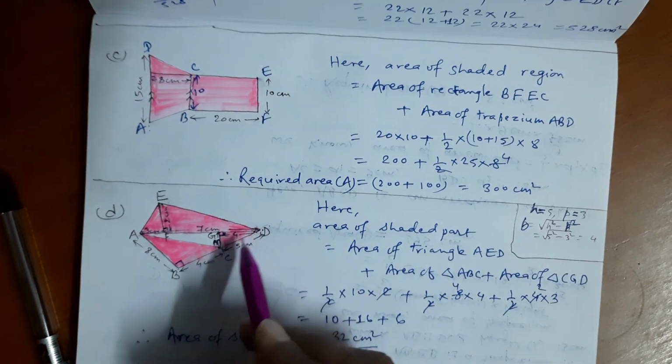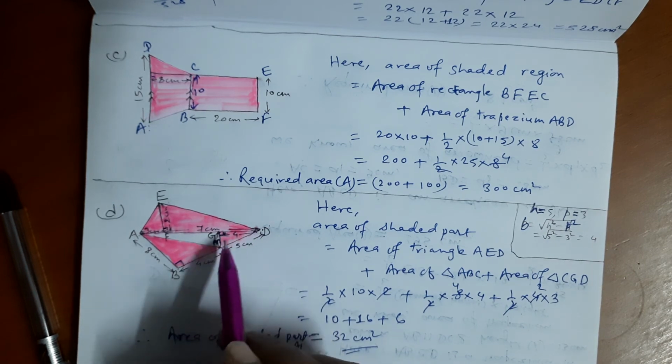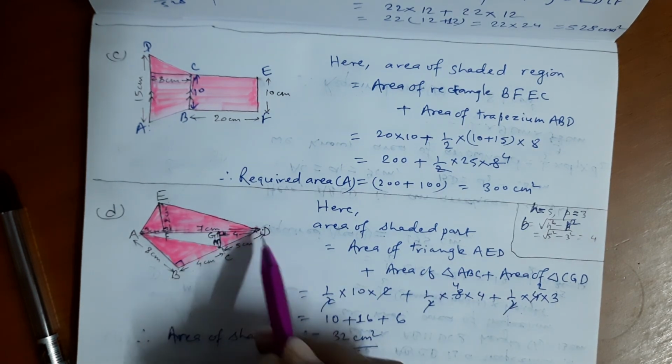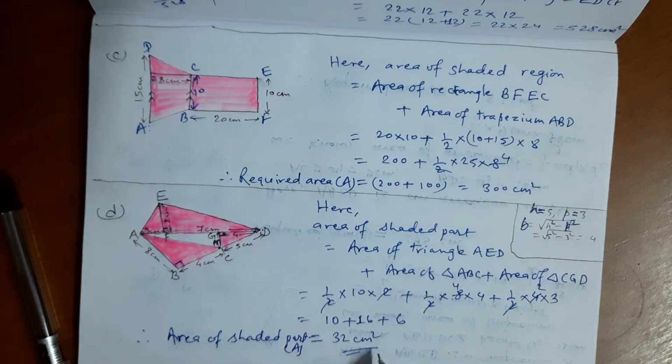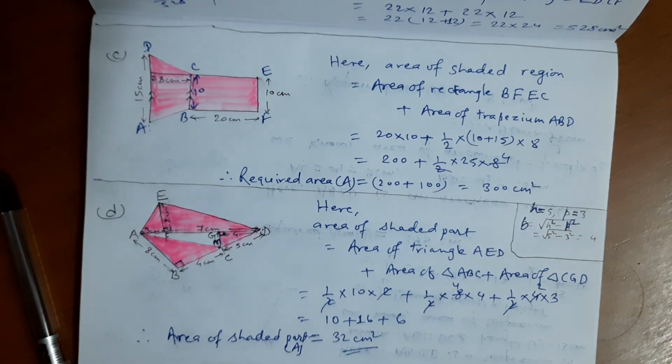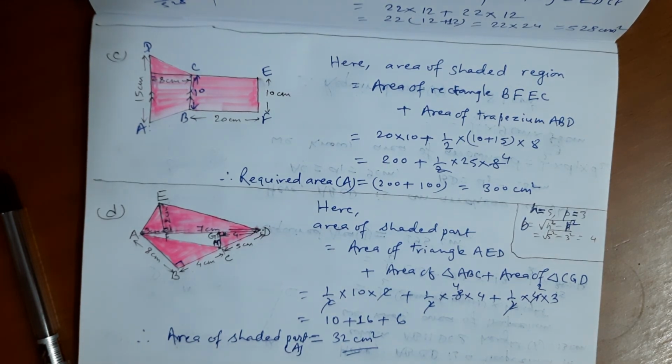So we have got 4, and for this area we found half times base 4 times height 3. After calculation at last we got the area of the shaded part as 32 cm square. So in this way, just by using the properties and area formulas of the parallelogram, the trapezium and the rectangle, we can easily find the area bounded by plane figures.